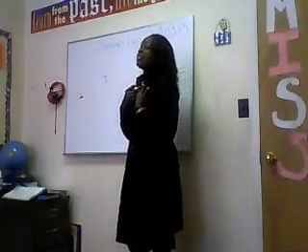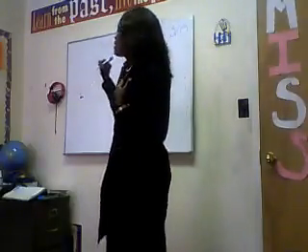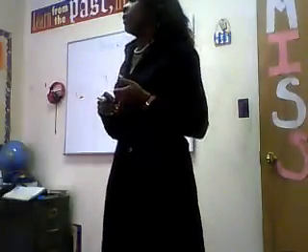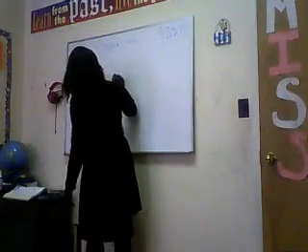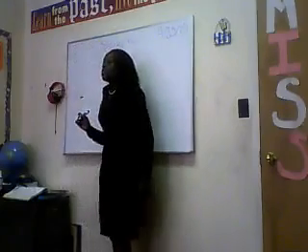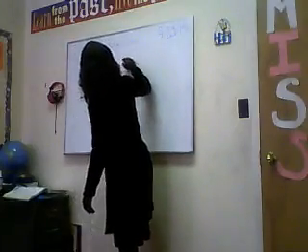No. So I can't use that 3, right? What number can I divide both 6 and 8 by? 2. 6 divided by 2 is 3. 8 divided by 2 is 4. This will be my simplest term.